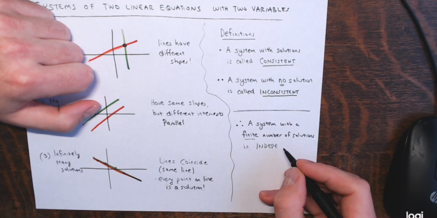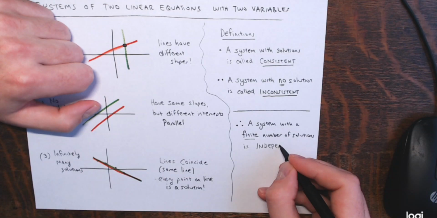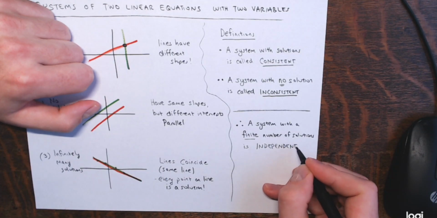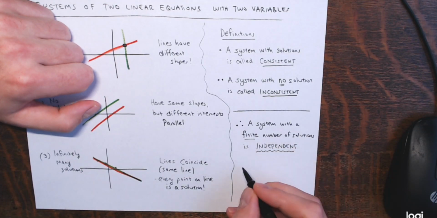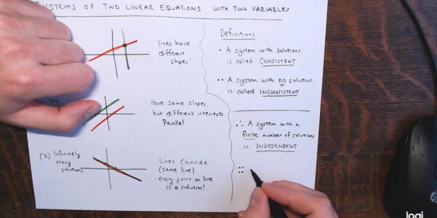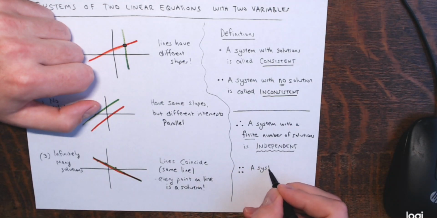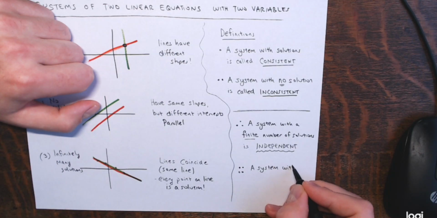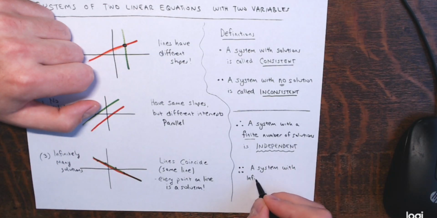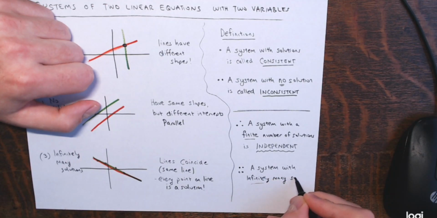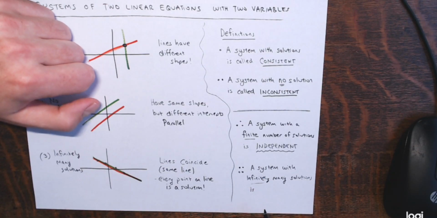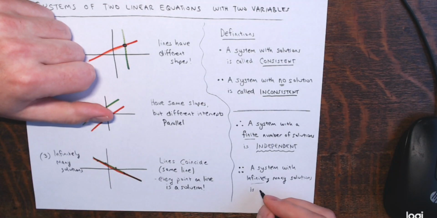Has an independent set of equations, they would say. And lastly, a system with infinitely many solutions is a, they say the equations are dependent. One depends on the other. They're the same equation in this case with the two equations and two variables. This is dependent.